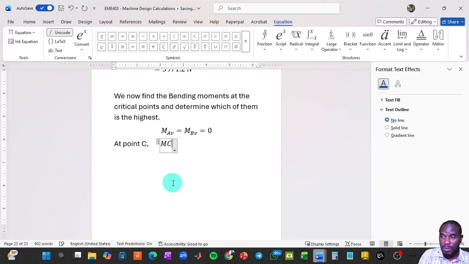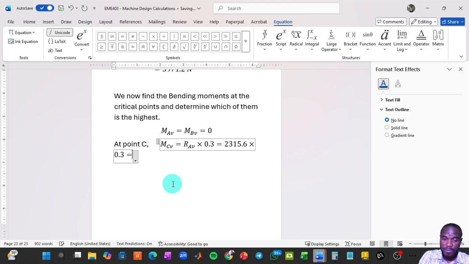The bending moment at point C, the vertical one, is going to be given as the reaction force at point A in the vertical direction times 0.3. And we know that the reaction force at point A that we found was 2315.6 times 0.3, right?